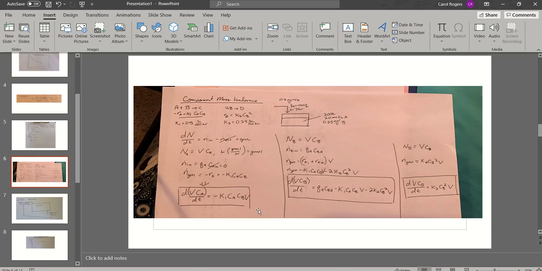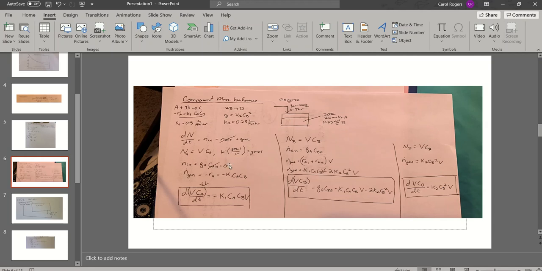So when you put all of that together, we get d(V CA)/dt equals negative K1 CA CB V, which we can't do anything else with right now because our volume is changing, so we can't pull that out. It's not a constant. So then you can do it again with component B and component D.